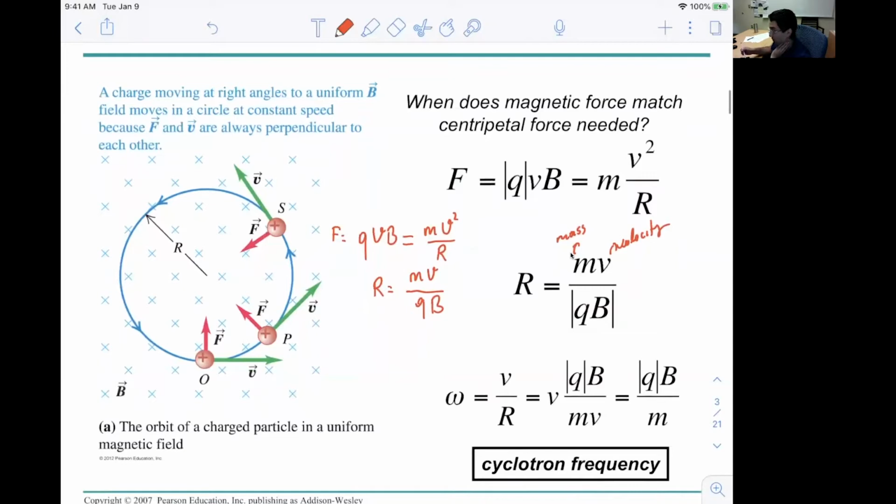Then we have the cyclotron frequency, which gives the angular frequency, the angular speed of the particle, which is going to be velocity divided by R, and it is given by QB divided by m.